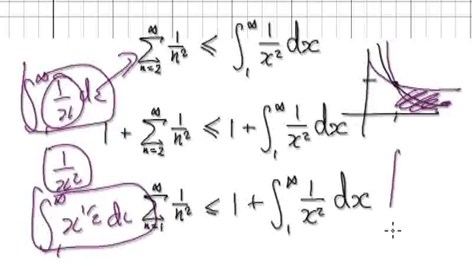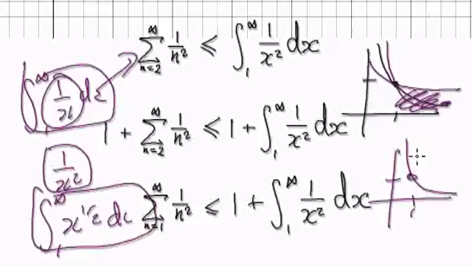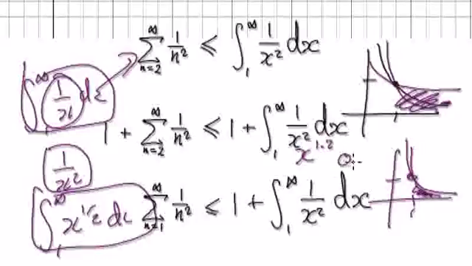This is a critical stage here. 1 over x is the critical one. If you have x to the power of 1.2, say, then this thing here will converge. If you have less than that, let's say x to the power of 0.99, then this thing here will diverge.